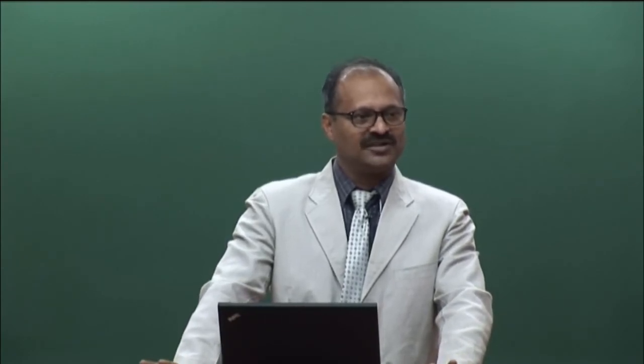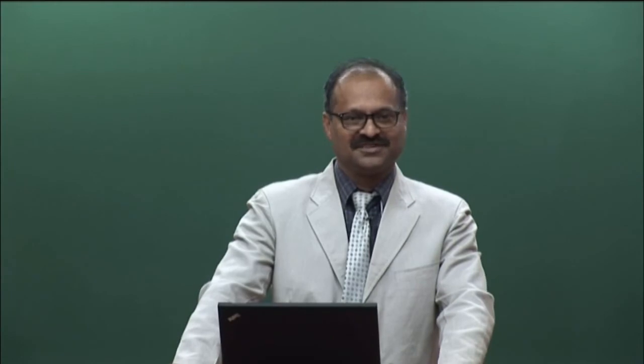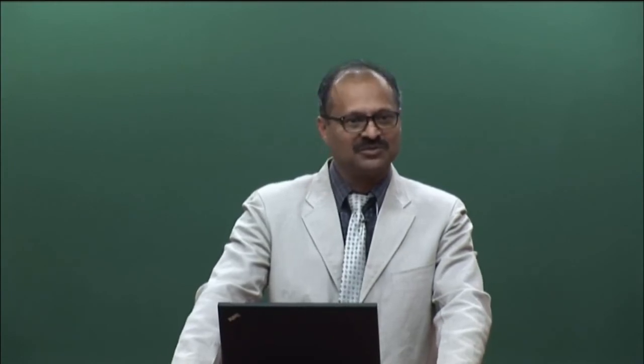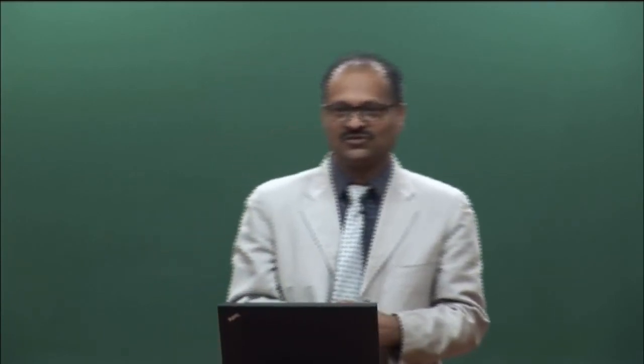Nobody wants to complicate the forward and inverse kinematics beyond limits. The whole idea is that you should have 6 degrees of freedom in the end, and the computation should be simple. This gives you good things to design robots. You say, I want the Jacobian to be simple. I want the forward kinematics to be simple. I want the inverse kinematics to be simple. So this gives you something.